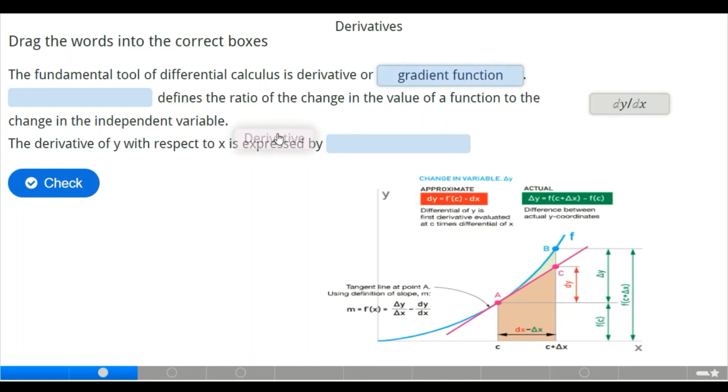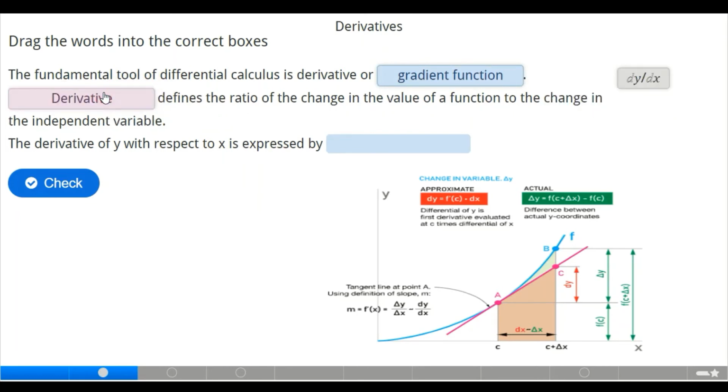So, when you are dealing with a derivative, it has to do with what? Ratio of change. The derivative of y with respect to x is expressed as dy/dx, where y is the function and x is the independent variable.